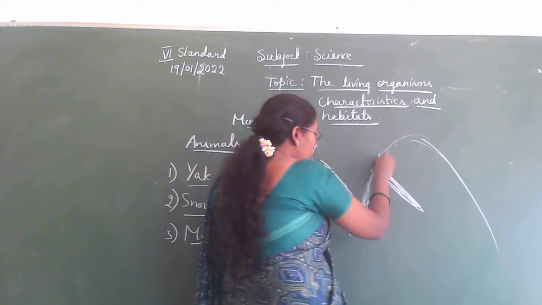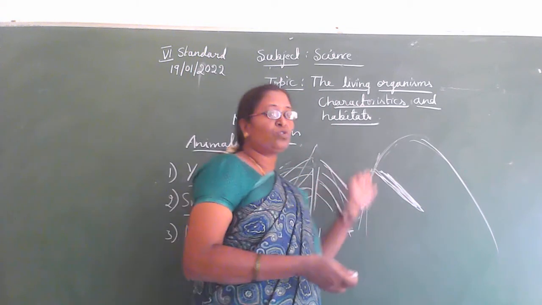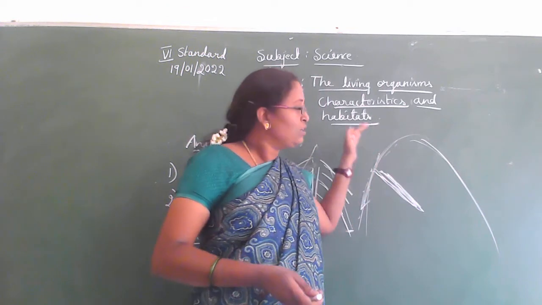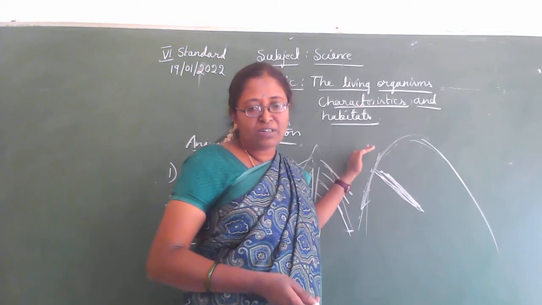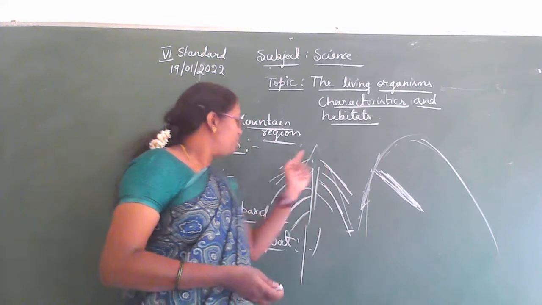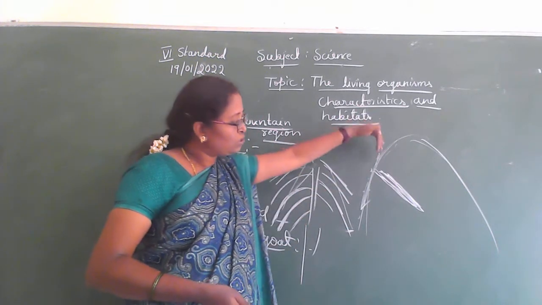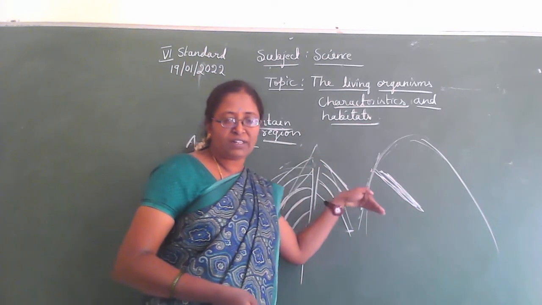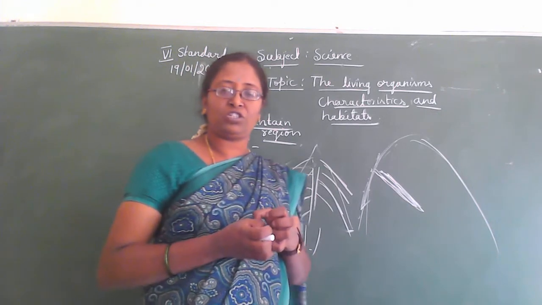When it is walking or running on the sloping region of the mountain, the rocky slopes, do you understand? When the mountain goat runs on the slopes of the rocks found in the mountains, what protects it? Those strong hooves.